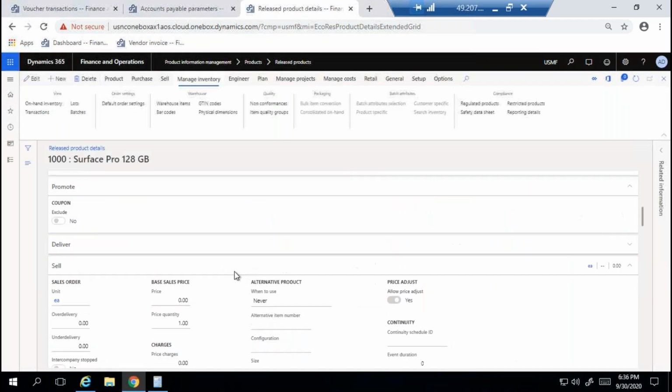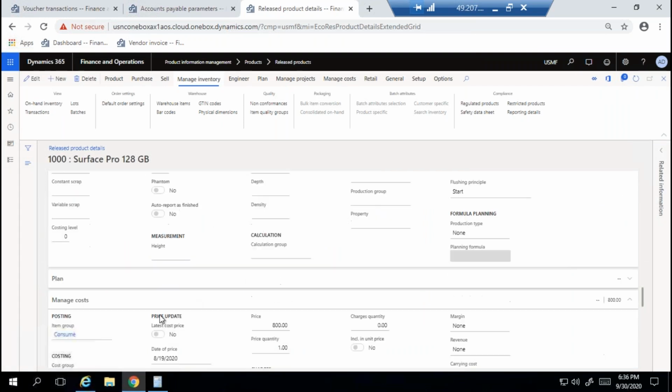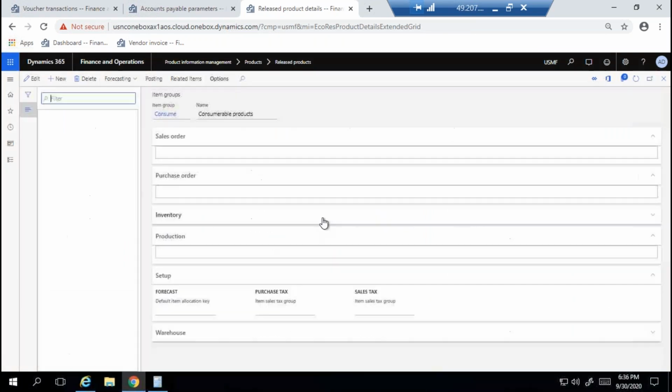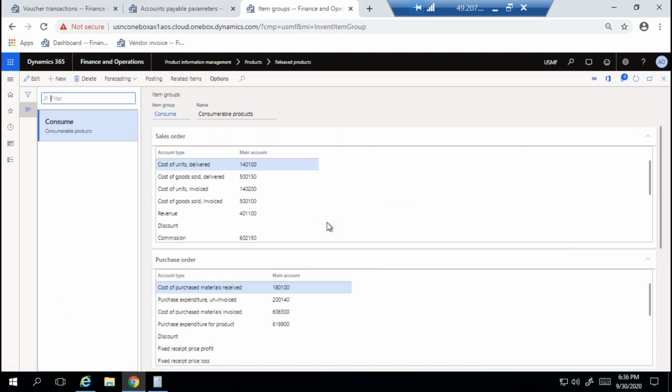How will the accounting department treat this amount, as a purchase difference? Is it an expense to the company, or a liability? It is expenses only. That is the reason it is clearly mentioned purchase expenditure per product. So is it a loss for the company?